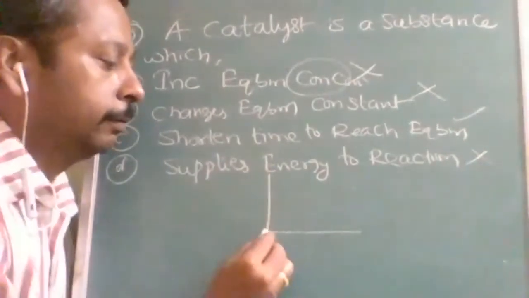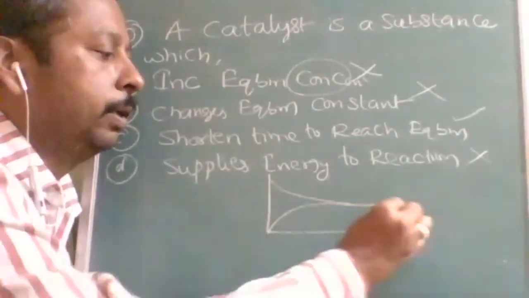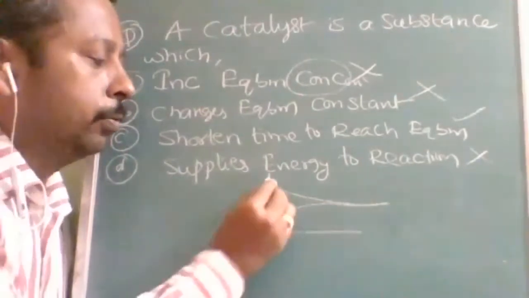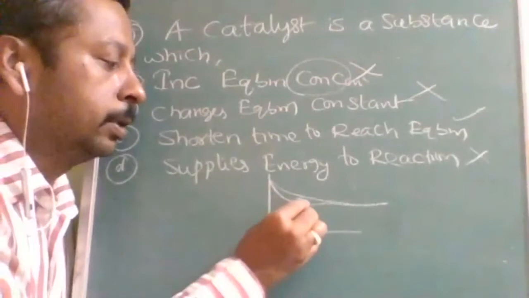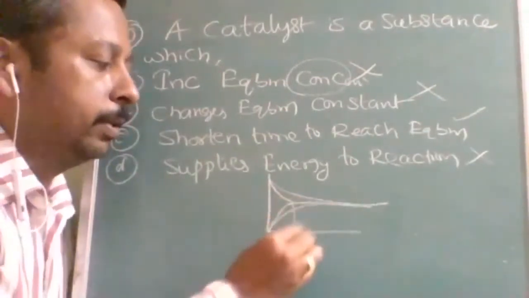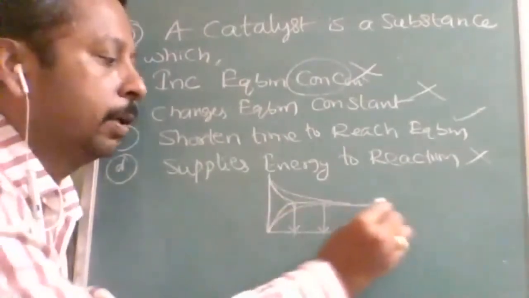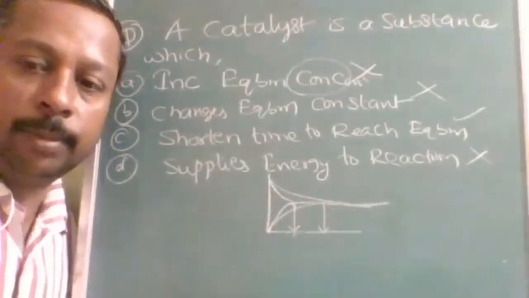So this is the graph. Suppose you do not use a catalyst, this is the graph. And if we use a catalyst, this is going to be the graph. So time is reduced, but equilibrium concentrations are the same.